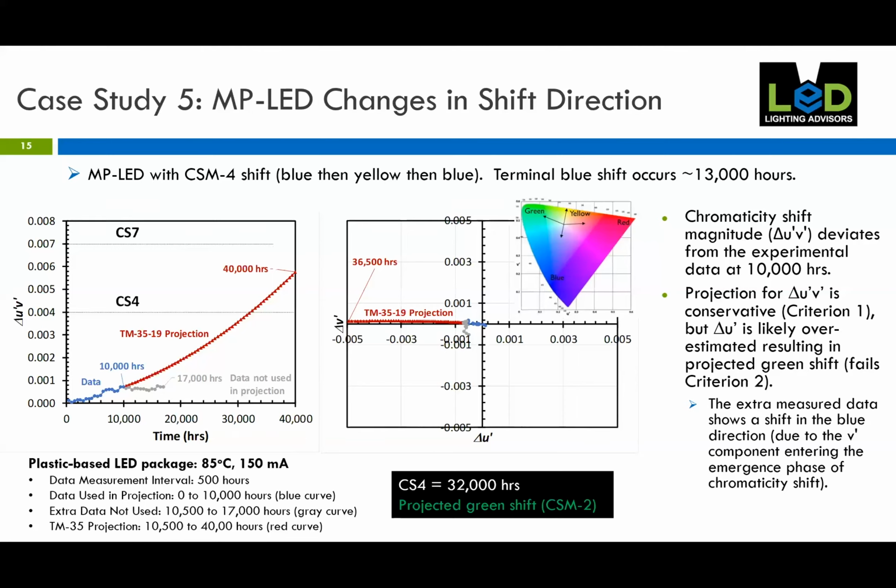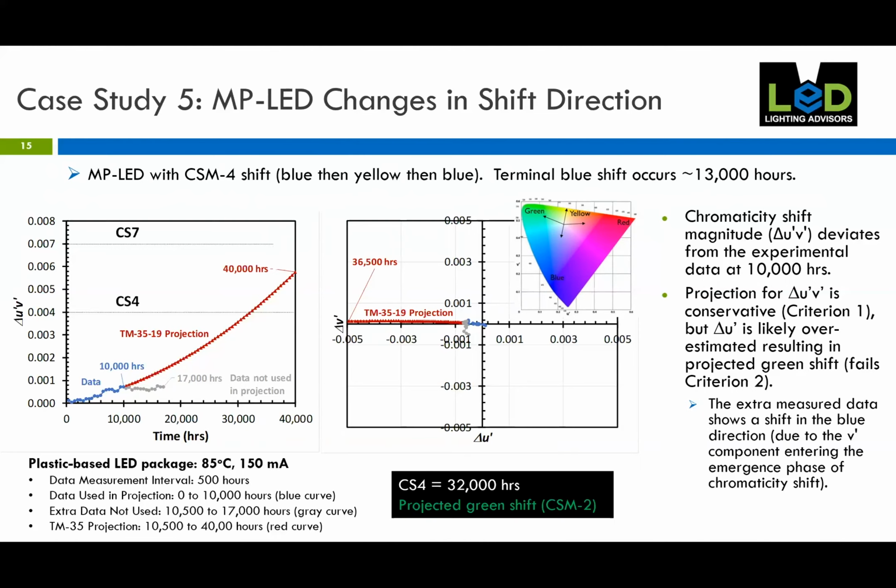And then the red curve again is the projected time. And we see, as before in the high power platforms, that the projection for u prime v prime, delta u prime v prime, is conservative, that you're meeting the CS4 threshold before the full 17,000 hours of measured data would predict that you would. So it is passing criterion 1 as a conservative model.